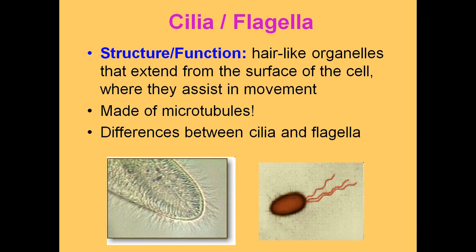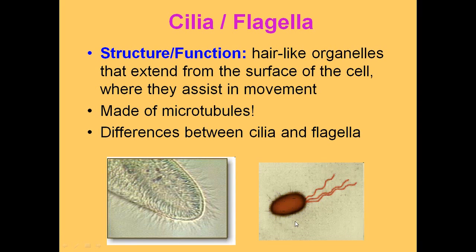The last organelle or structure that I have for you guys are the cilia and flagella. The cilia and flagella are used for movement of a cell. On the left there we have a little microorganism that has cilia, and the cilia look like little tiny hairs, and the hairs just move really fast and help push that microorganism around in the pond.